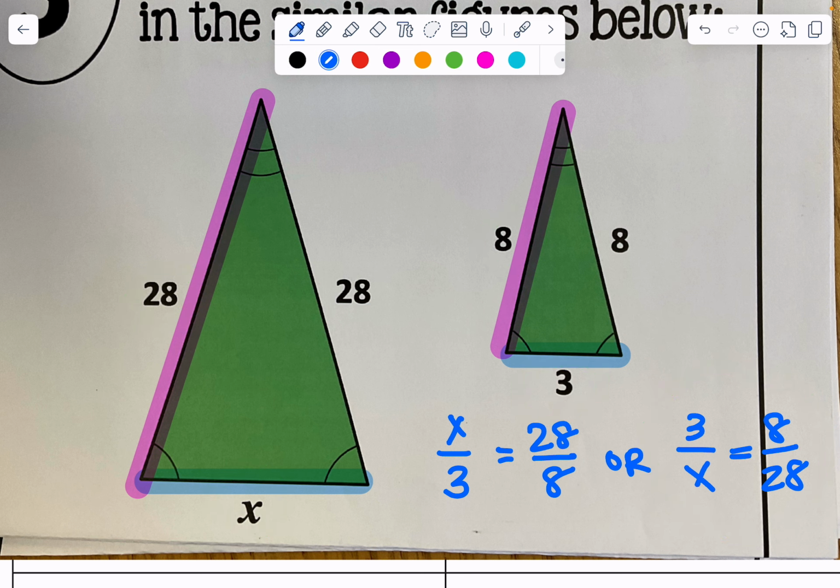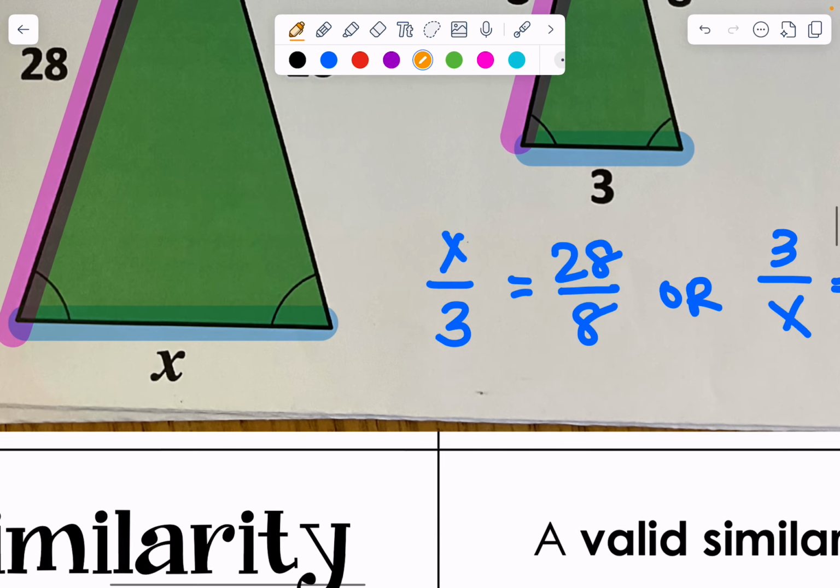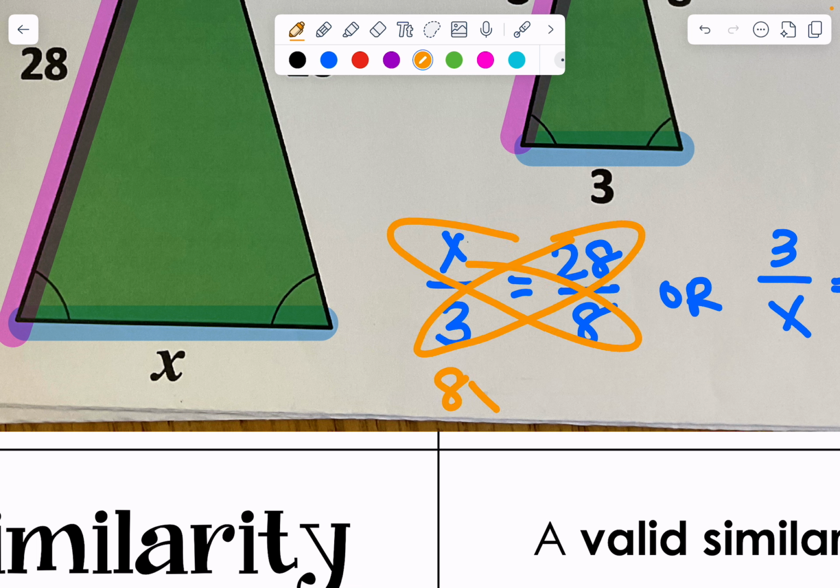So no matter which one you have, we can cross multiply. 8 times X equals 28 times 3. And then if we divide by 8, we get 10.5.